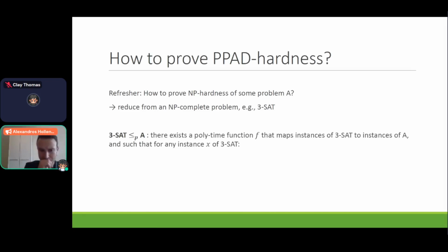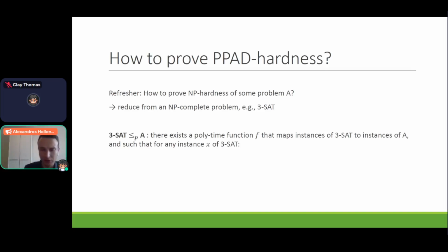And what does that mean? It means that we have to show that there exists a polynomial time function f that maps instances of 3-SAT to instances of the problem that we're interested in.